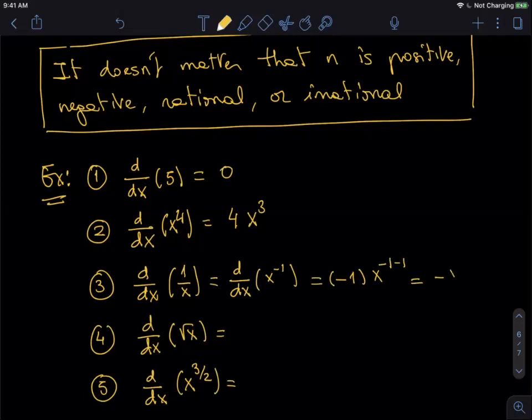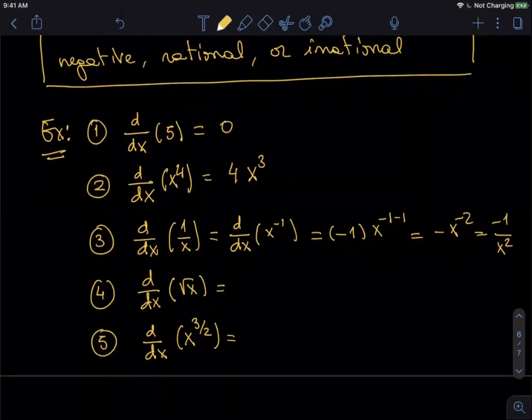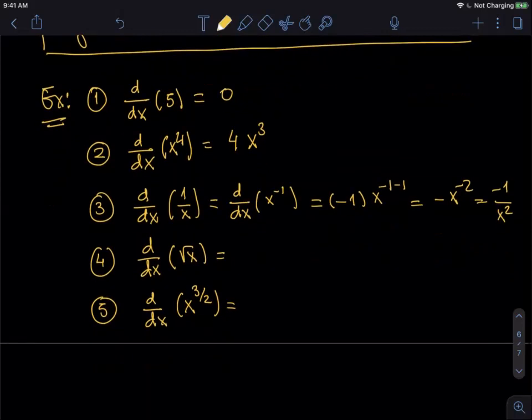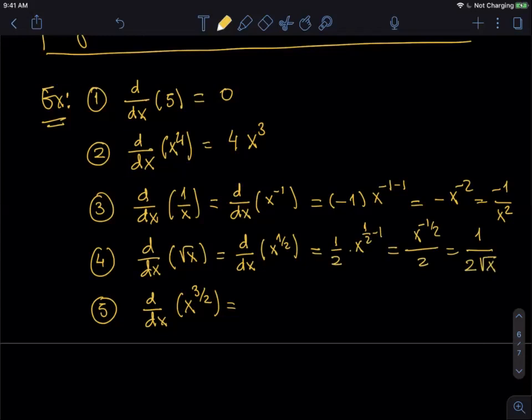So this is minus x to the negative 2, or negative 1 over x squared. More things, the square root, we write it as x to the 1/2. So this is the exponent 1/2 times x to the 1/2 minus 1, which is minus 1/2, divided by 2. Or if you want, we can write it as 1 divided by 2 square root of x.